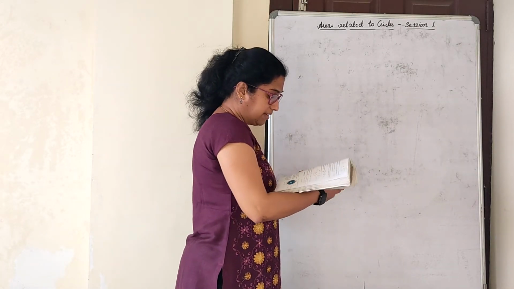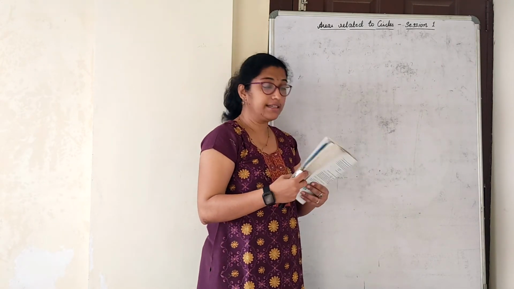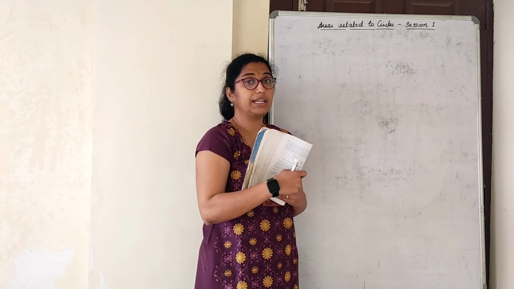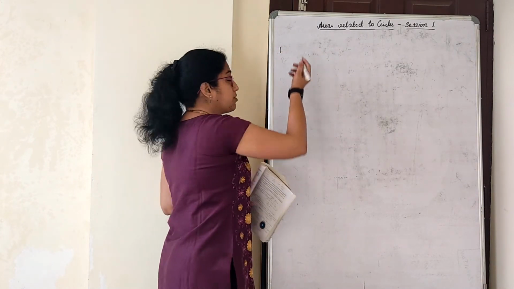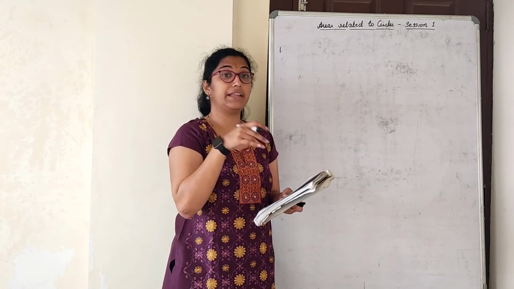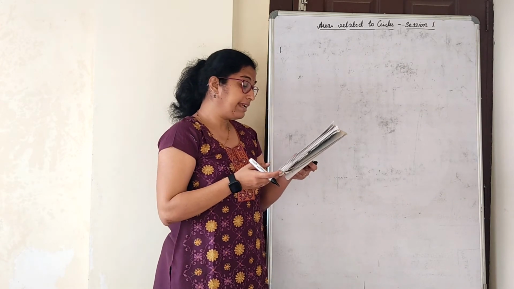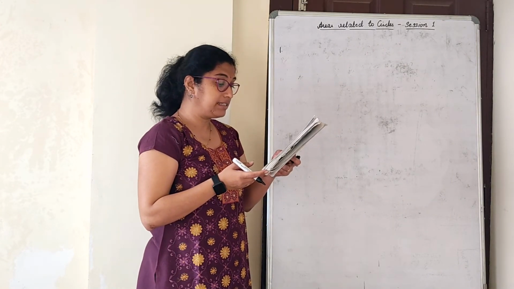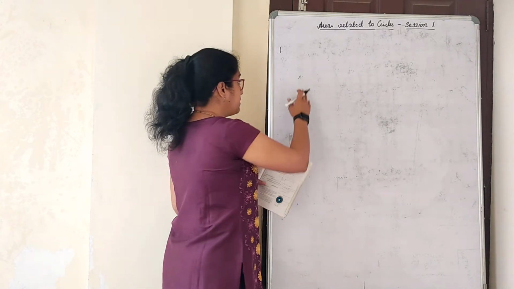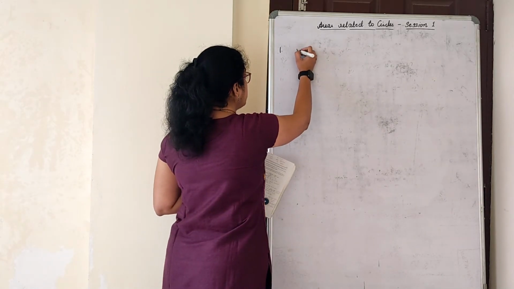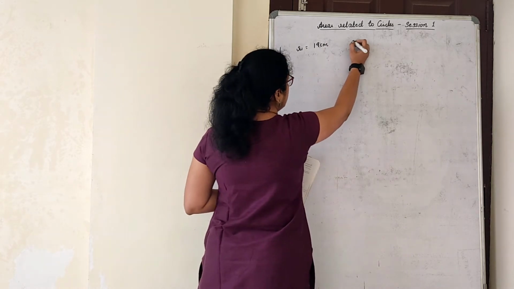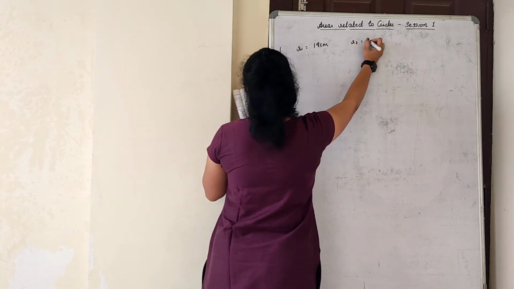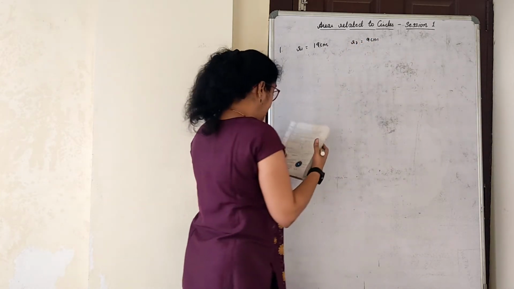Exercise first one, it's again given here: unless stated otherwise, use pi as 22 by 7. The pi value to be used as 22 by 7, otherwise you can use it as 3.14 wherever mentioned. The radii of two circles are 19 cm and 9 cm respectively. Radii of two circles, please write it down. R1 is equal to 19 cm and R2 is equal to 9 cm respectively.